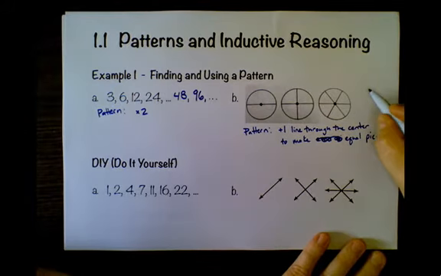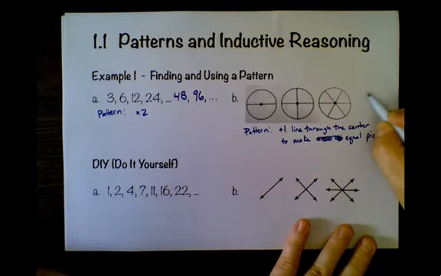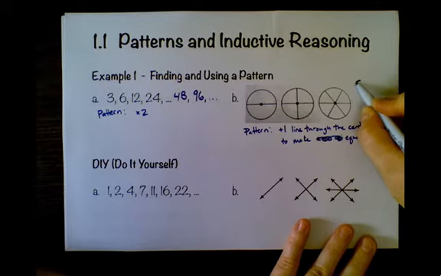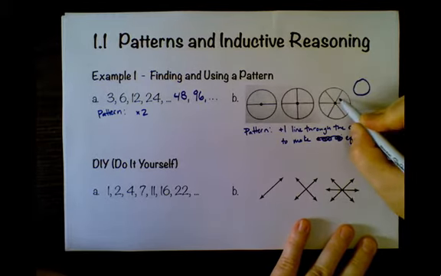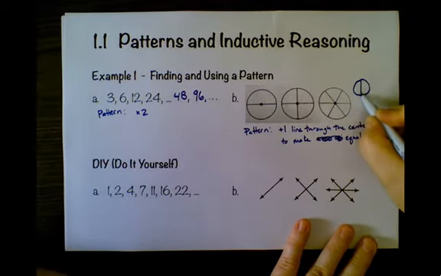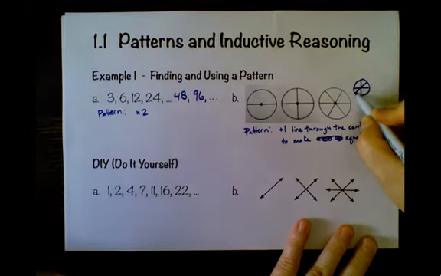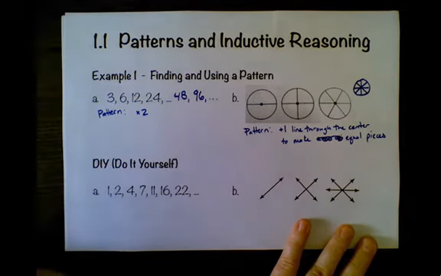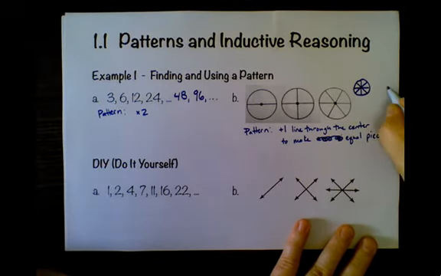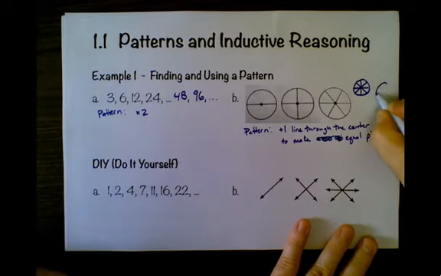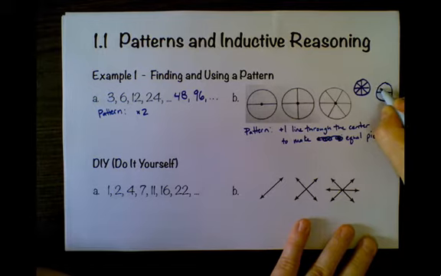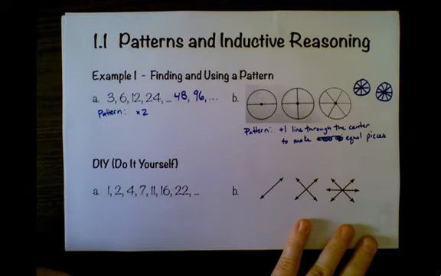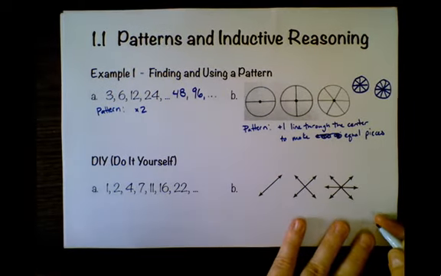Oh dear, now we get to trust to my drawing ability. So the next thing needs 1, 2, 3, 4 lines. Oh dear, and the one after that needs 5 lines. I don't think I'm going to be able to draw this evenly, but let's pretend. 1, 2, 3, 4, 5, and we're going to pretend that those are all the same size.